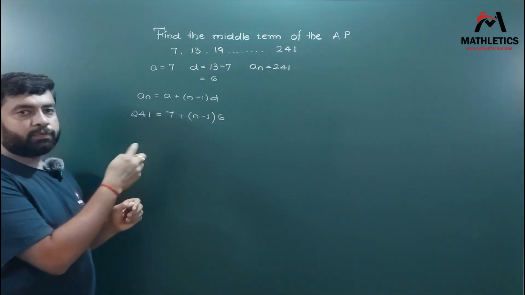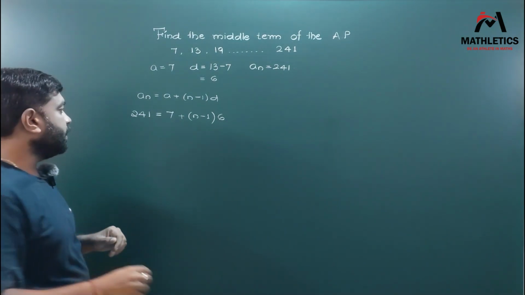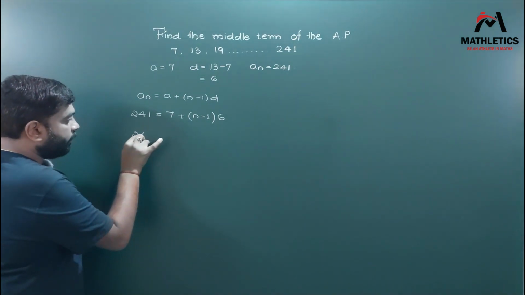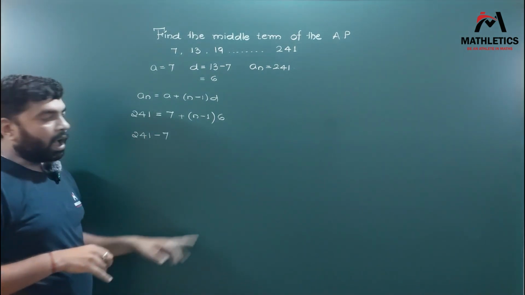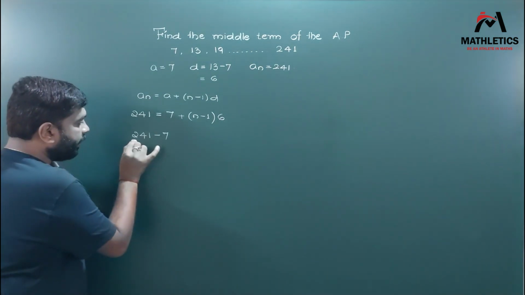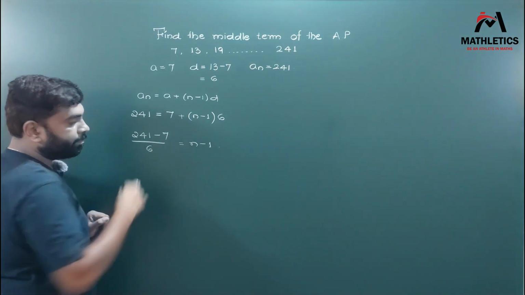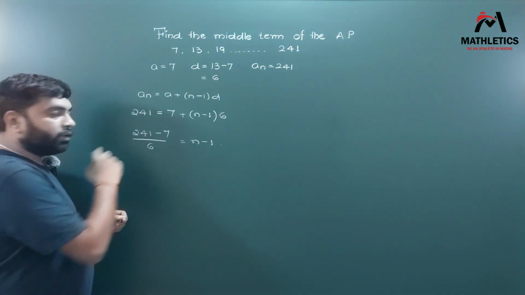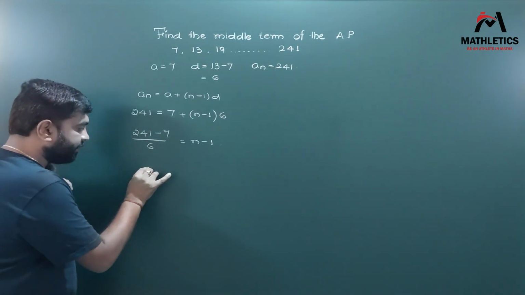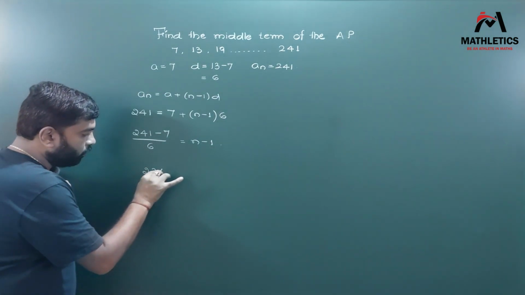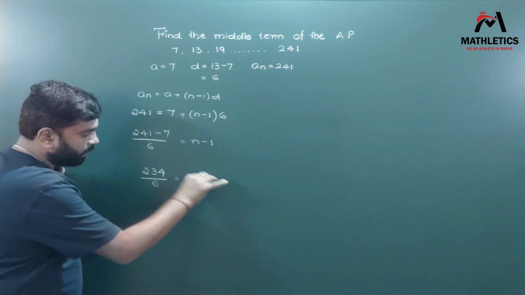Now, we'll try to shift all the terms to LHS and calculate the value of N. So, 241, if I shift this 7, it is minus 7. And if I shift this 6, it becomes divided by 6 is equal to N minus 1. 241 minus 7 divided by 6. 241 minus 7 is 234. 234 divided by 6 is equal to N minus 1.